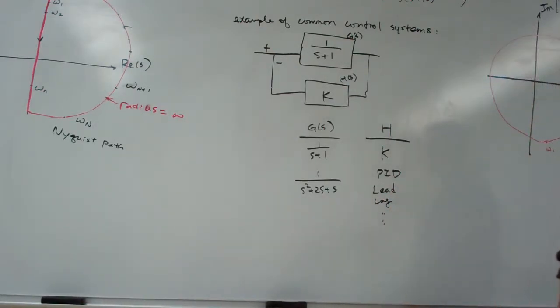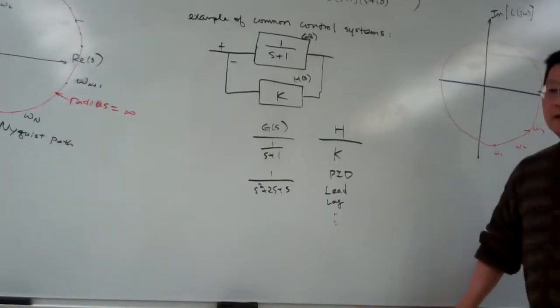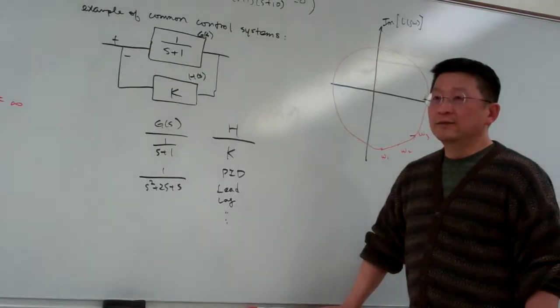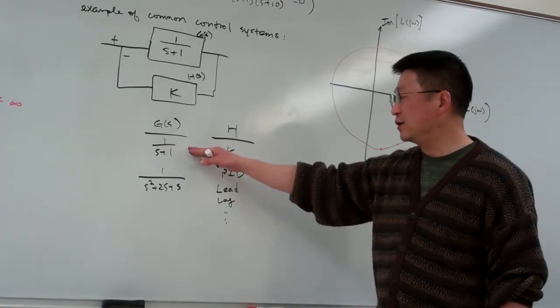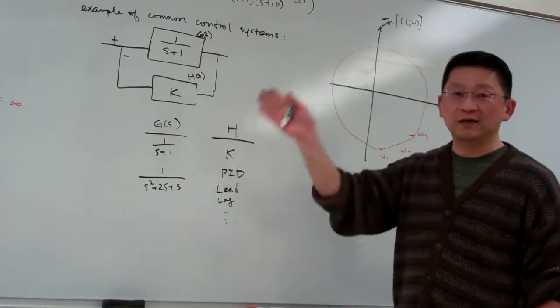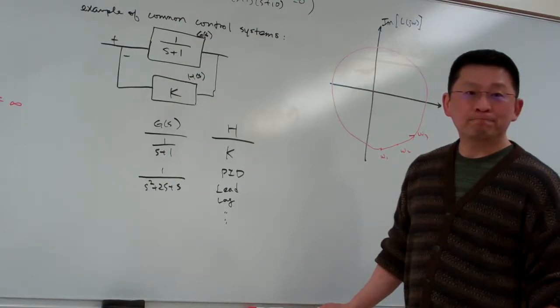Right? For all the tabulated systems here, look at the location of the poles. Their location is always on the left-hand side, right?